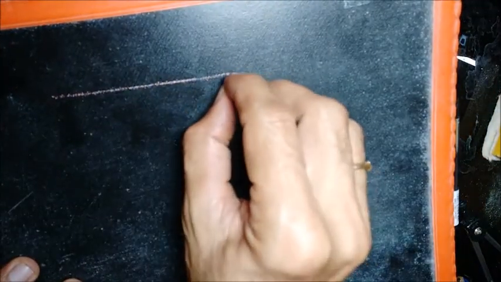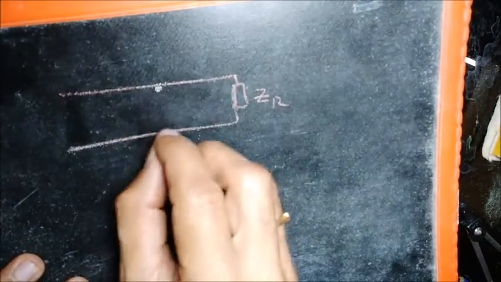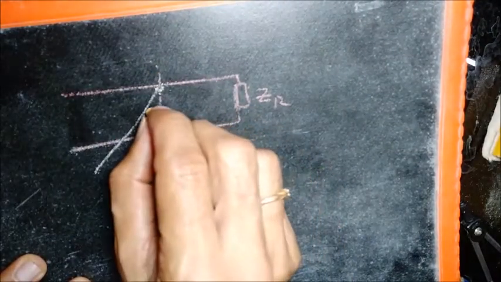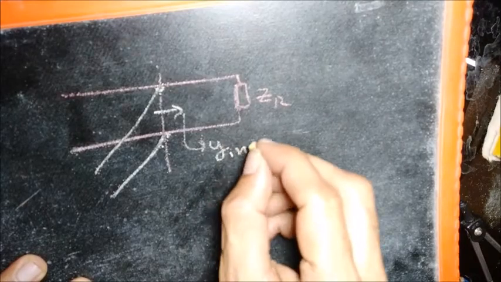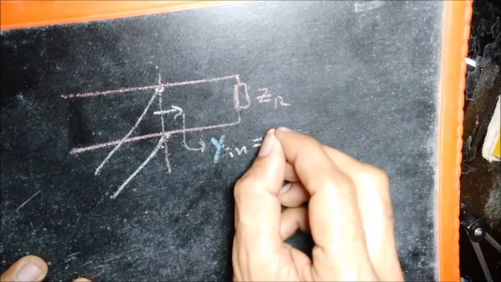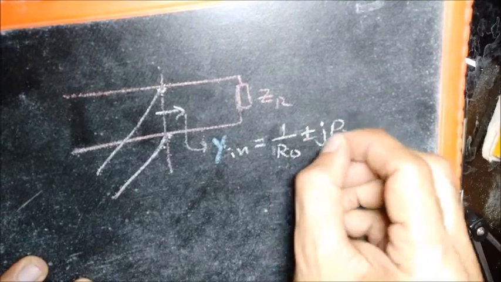So first up, we have with us the load. So just to very quickly recall the idea of stub matching. We have this load here, ZR. So we identify a position nearest to the load wherein the input admittance is 1 by R naught plus or minus JB.